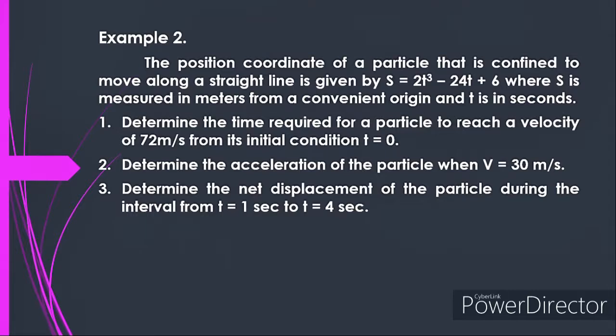Determine the time required for a particle to reach a velocity of 72 meters per second from its initial condition t is equals to 0. Number 2, determine the acceleration of the particle when v is 30 meters per second. And number 3, determine the net displacement of the particle during the interval from t is equals to 1 second to t equals to 4 seconds.